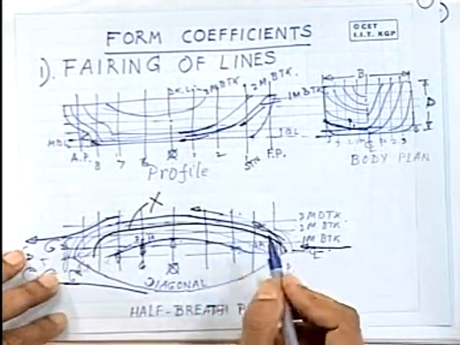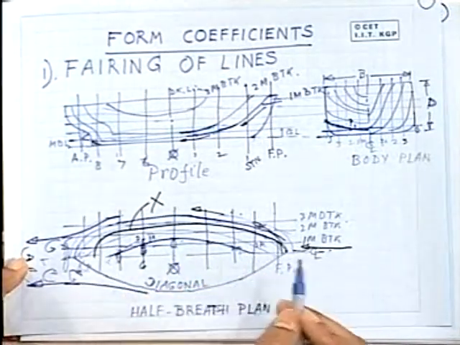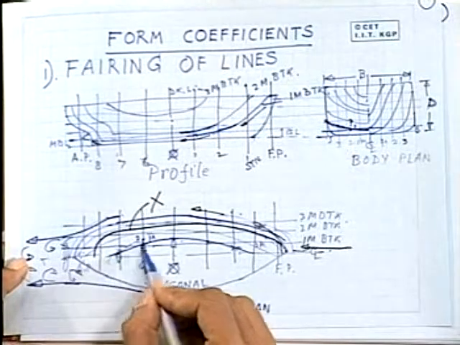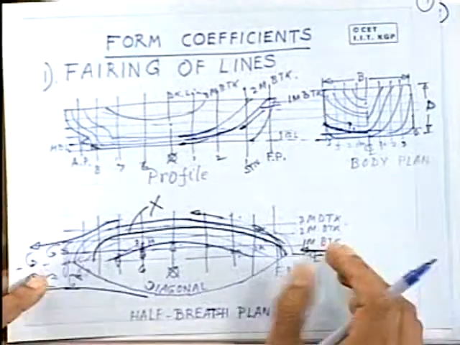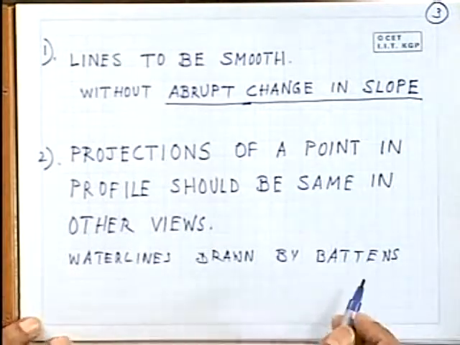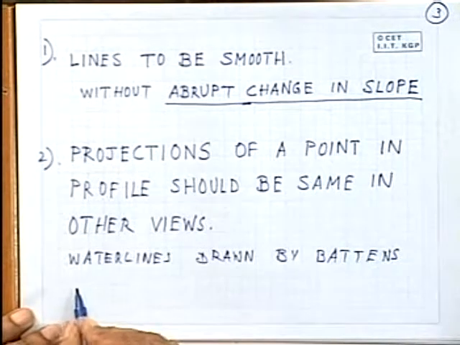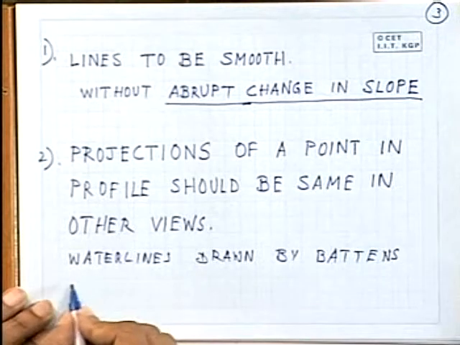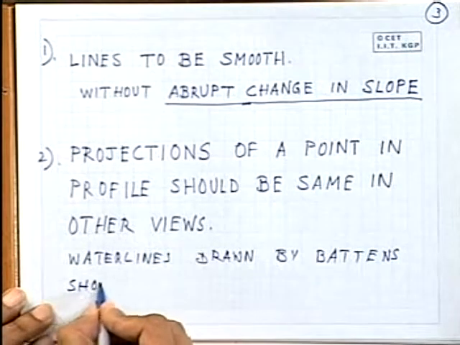When one releases the force, then that means there is some error in the other points. So this buttock line is nothing but a spline. You should give a very smooth spline. So here the water lines drawn by battens should be smooth, of course.